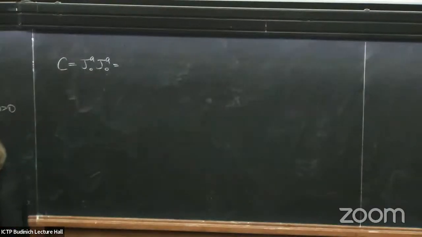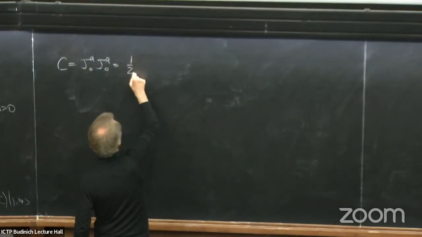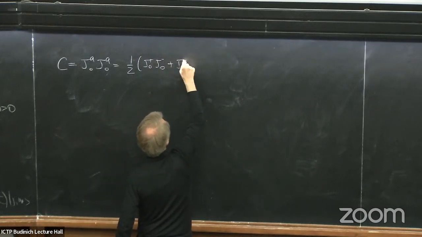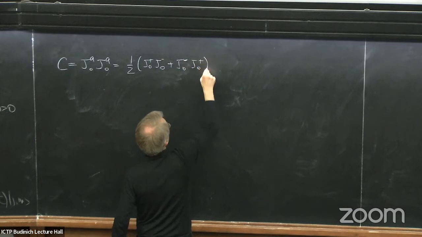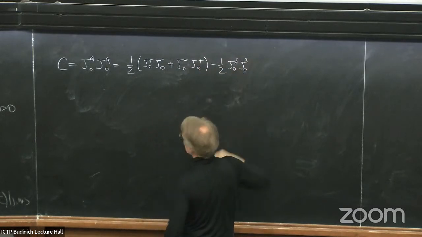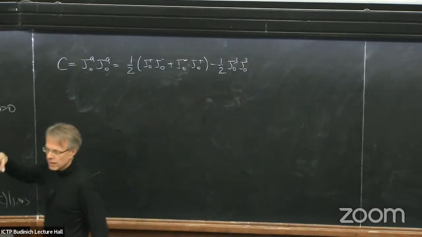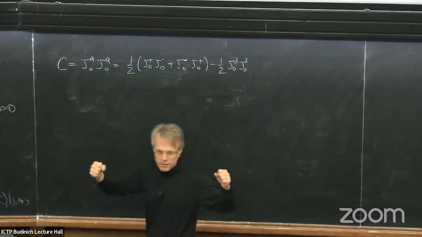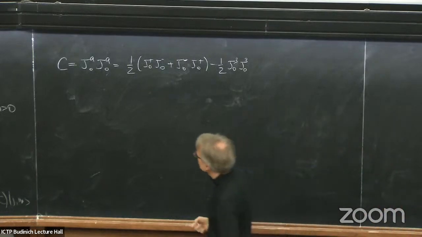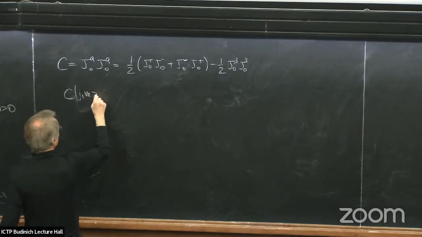And if you write it out in terms of these plus and minus generators, it'll be of the form a half times (J^+_0 J^-_0 + J^-_0 J^+_0) minus a half times J^3_0 J^3_0. So just like for SU(2), what you show is that this combination of generators commutes with all the zero modes. So it's what's called a Casimir operator. Therefore, it takes a definite value in each irreducible representation.